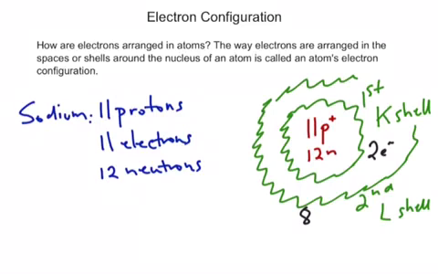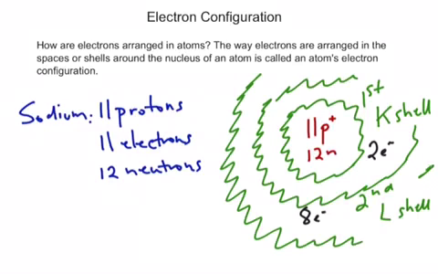So a maximum of 8 electrons can fit into the second, or L shell. Once 8 electrons are in this shell, then it is also full. So if you have more than 10 electrons, that is 2 in the first shell, 8 in the second, you're going to need to go out to the third shell. That is the third, or the next space around the outside of the atom.